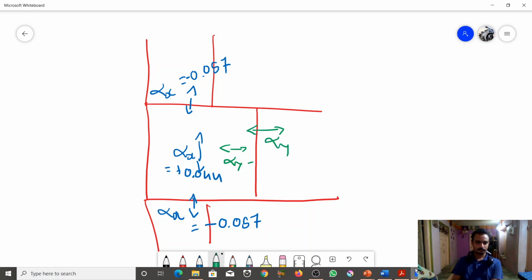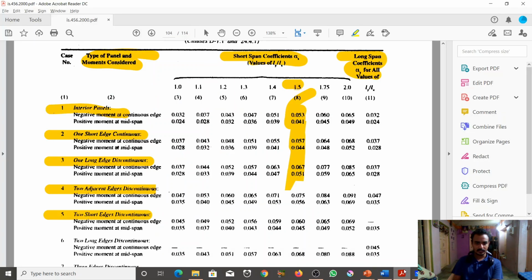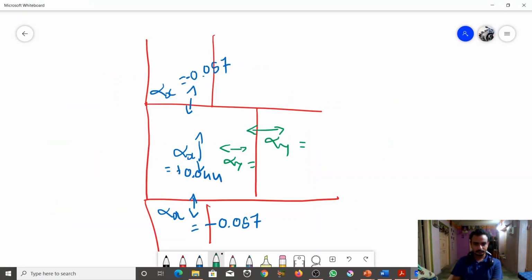And here alpha y. For alpha y we have to follow the 11th column. Same condition: negative moment at continuous edge 0.037 and positive moment at mid span 0.028.